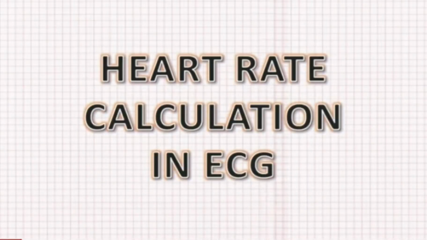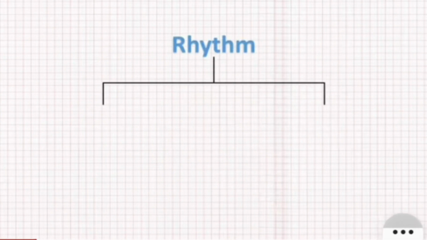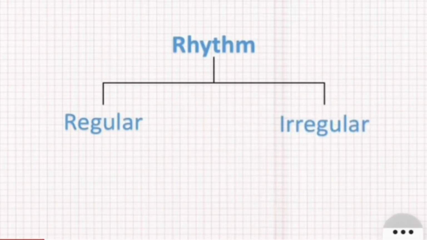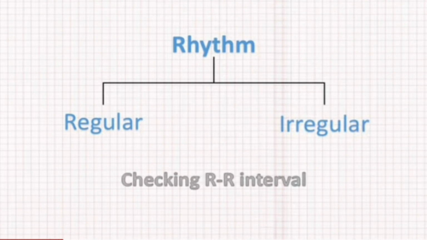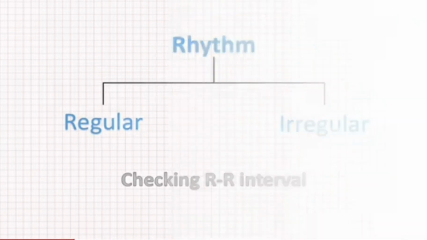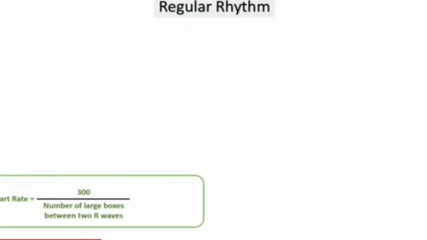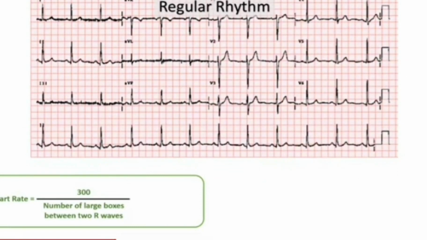So very simply, we can explain heart rate calculation with the help of rhythm, that is, regular or irregular. First of all, we have to decide whether it is regular or irregular. In regular rhythm, calculate heart rate by dividing 300 by the number of large boxes between two R waves.